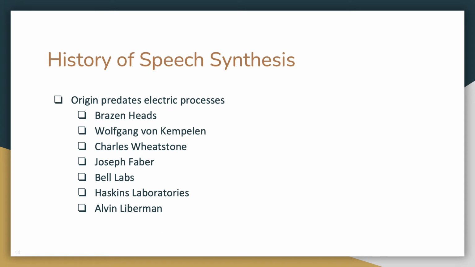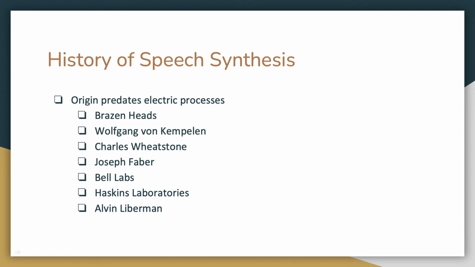We are now moving on to the history of speech synthesis. Speech synthesis originates prior to the development of electric processes. A legend of brazen heads exists, and it is attributed to Pope Sylvester II, Albertus Magnus, and Roger Bacon.